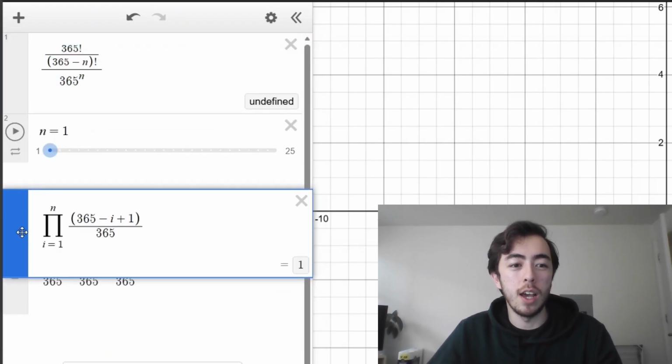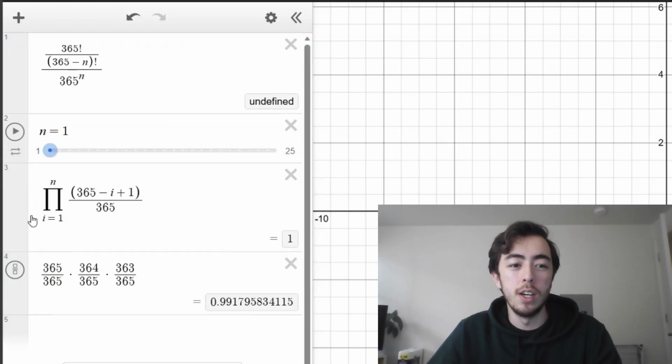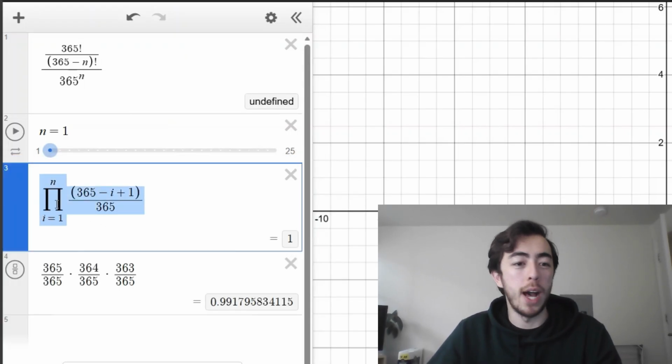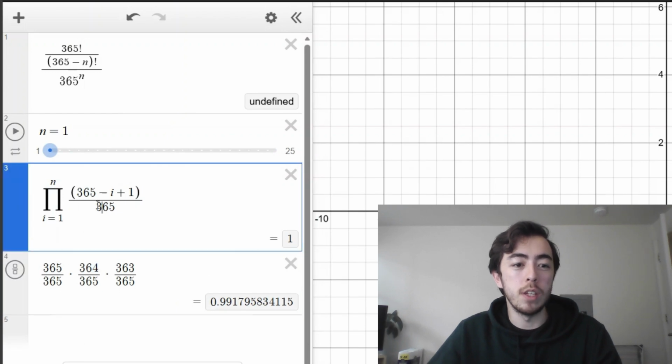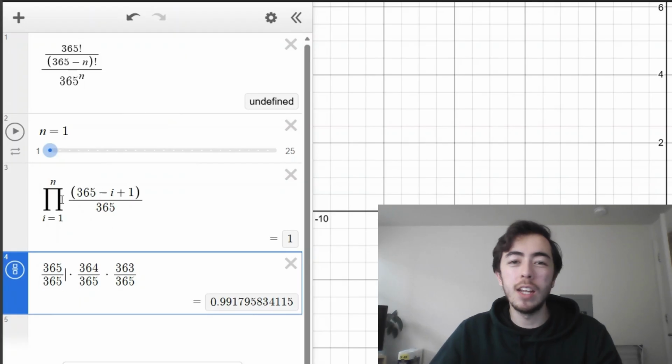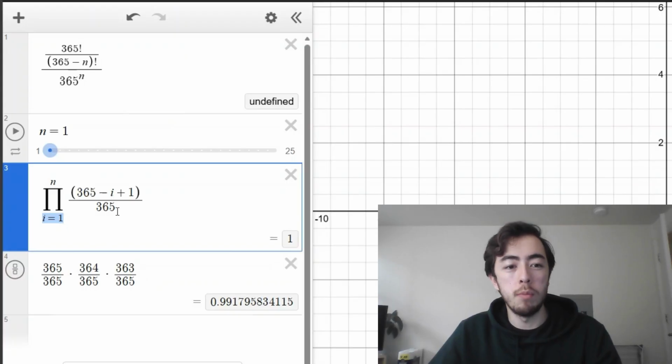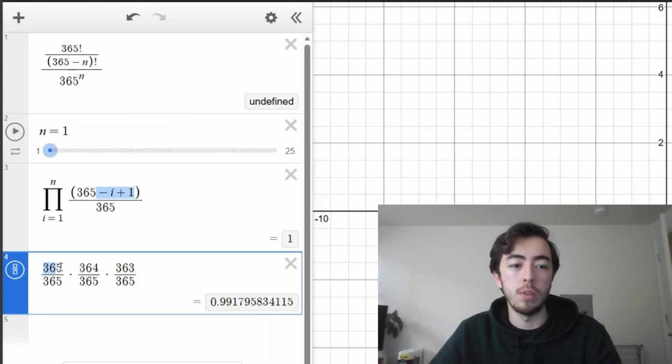And instead, I wrote this expression here. We can just use this capital pi to do a successive product. And so each term is going to have a 365 in the denominator. It works like sigma notation, where we start when i is equal to this bottom number. So I'm looking right here and pretending that i is equal to 1. And then if I do 365 minus 1 plus 1, that plunks this 365 in the first numerator.